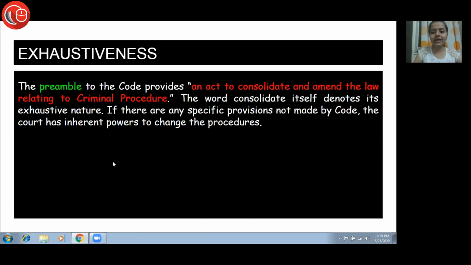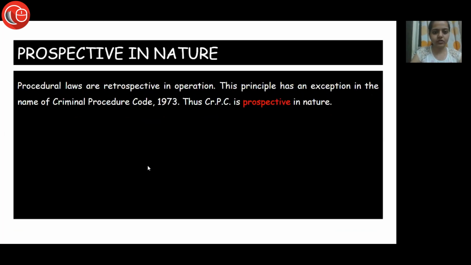So overall the act is exhaustive in its nature, but there is also a provision by the name of inherent powers, which can be used any time by the High Court to complete the provisions which are not mentioned under CRPC. Okay, now let's move on.